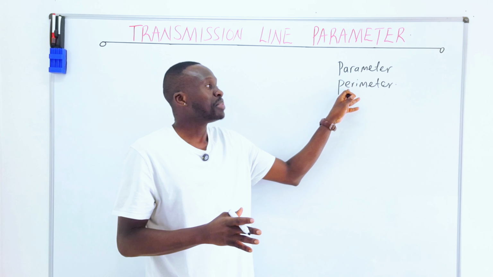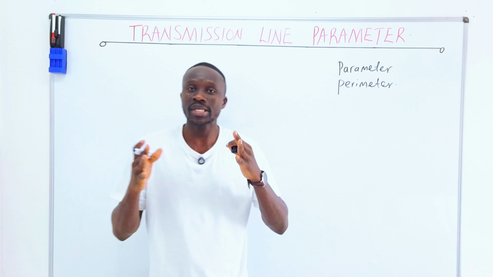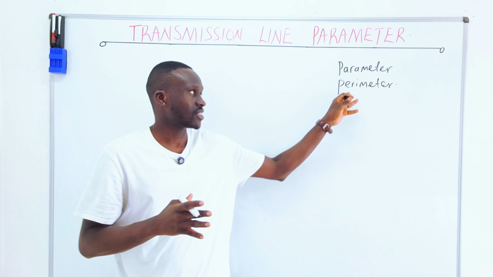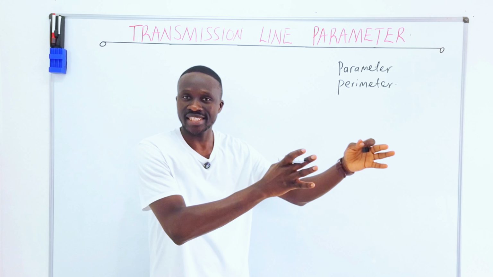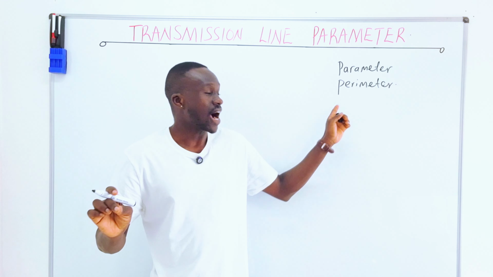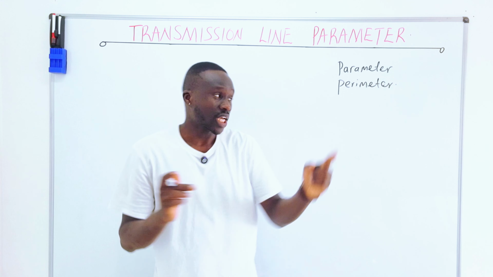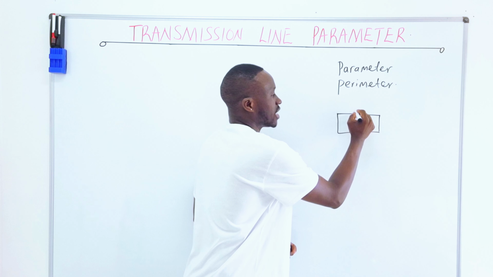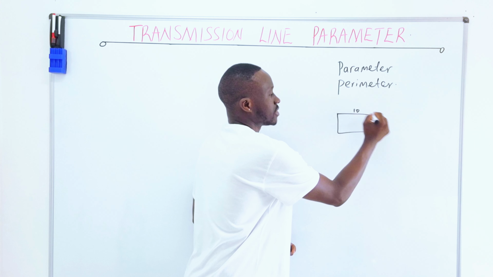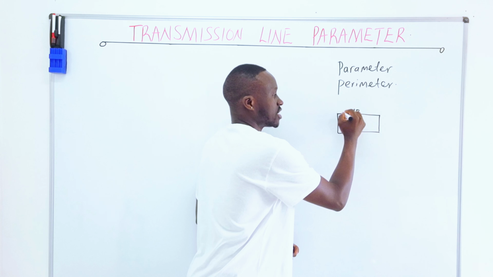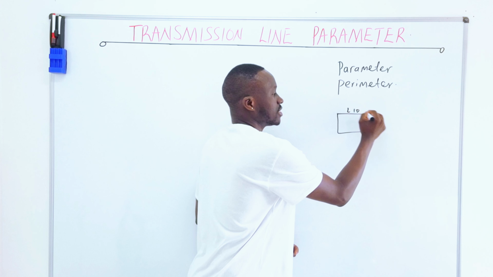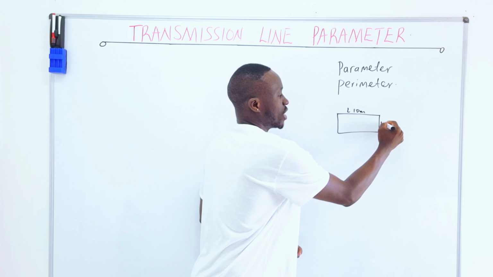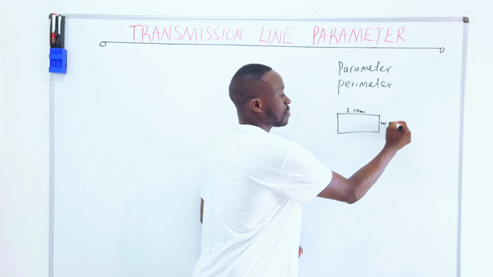Now, the perimeter is the total distance. Remember, in geometry we used to learn this: the total distance around a shape. Let's say we have a shape where the length is 10 meters and the width is 5 meters.